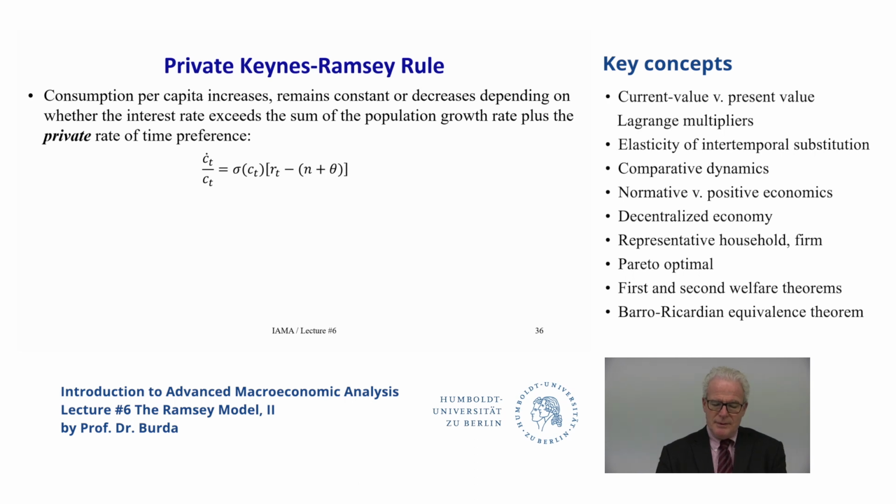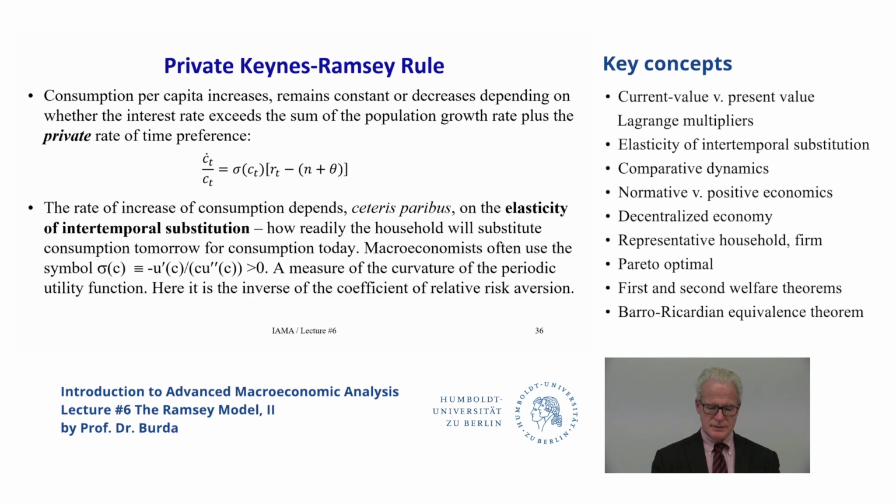So we have a private Keynes-Ramsey rule which governs the rate of change of consumption as a function of the elasticity of substitution multiplied by the rate of return on capital after depreciation is subtracted, relative to the rate of growth of the individuals in the population in the household, plus the impatience of the planner.